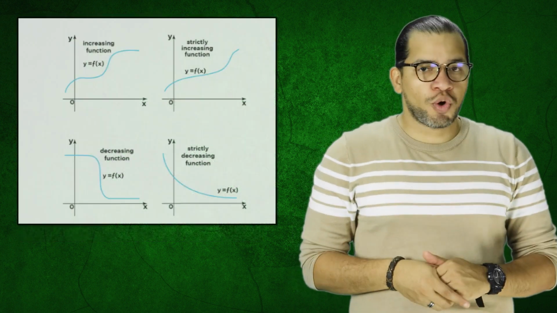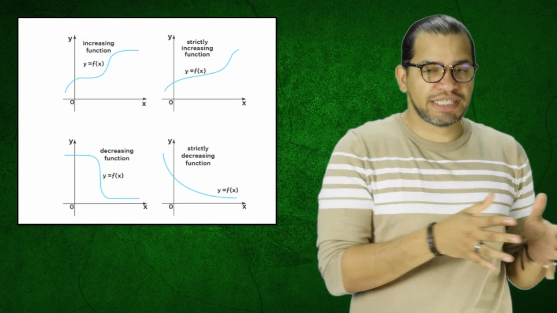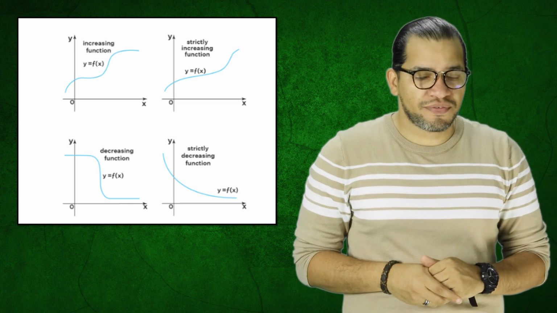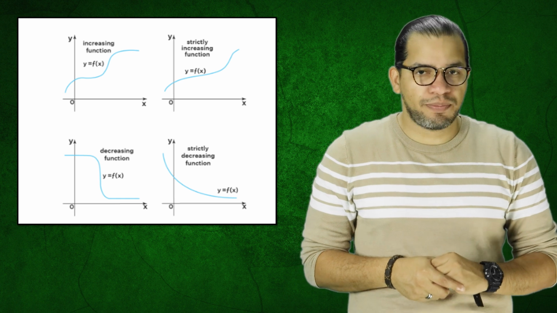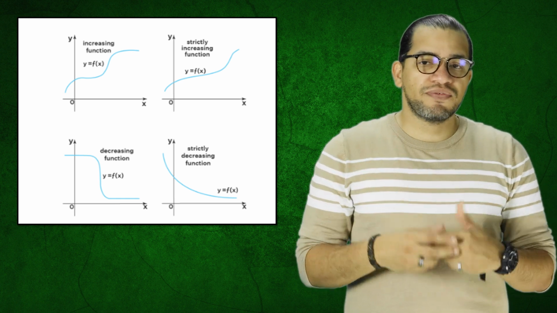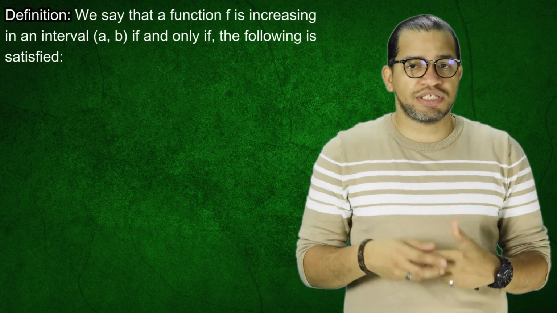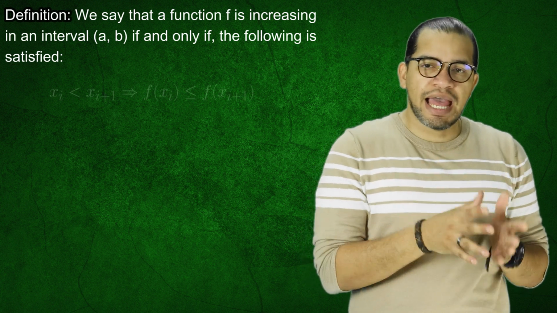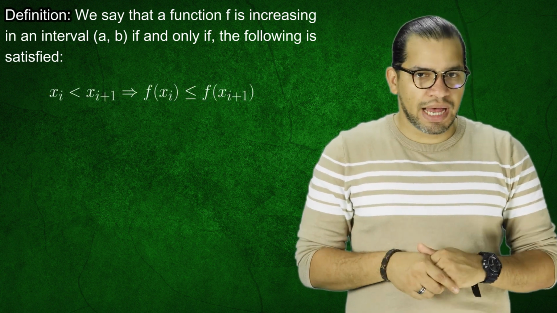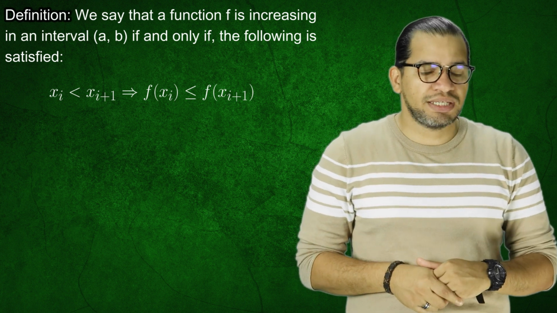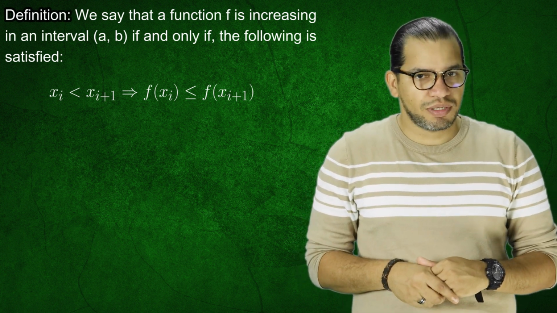Now, we're going to talk about the concepts of increasing and decreasing functions. We say that a function f is increasing in an interval (a, b) if, given two arbitrary numbers x_i and x_(i+1) in such an interval, f(x_i) is less than or equal to f(x_(i+1)).